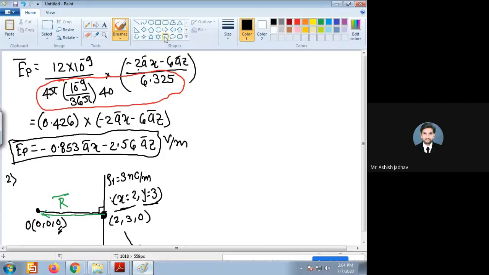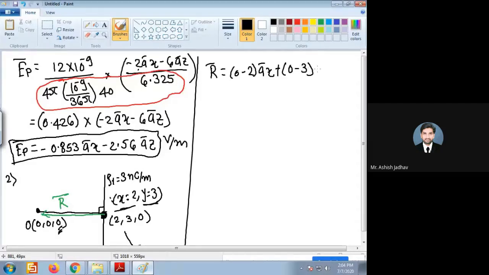How to calculate r? r bar is equal to 0 minus 2 a bar x, plus 0 minus 3 a bar y, plus 0 minus 0 a bar z.